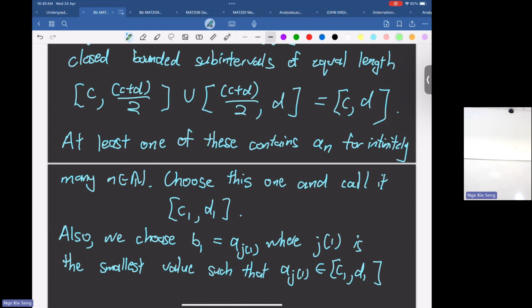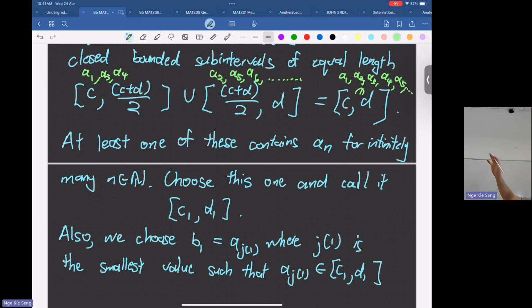Let me do an example. They are a1, a2, a3, a4, a5, and so on, in [C, D]. Maybe you split into two parts: a1 here, a2 here, maybe a3 here, a4 here, a5 here, and a6 also here. But let's say the infinite one stays in the second one. Then we pick the second one to be our new interval that has infinitely many terms.